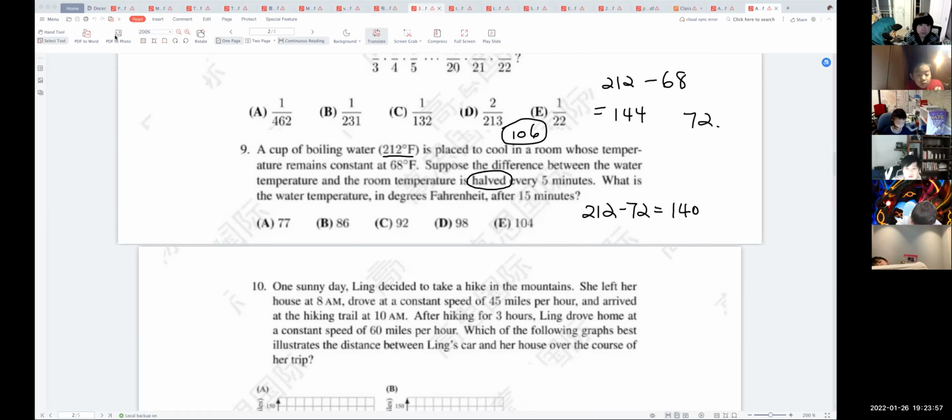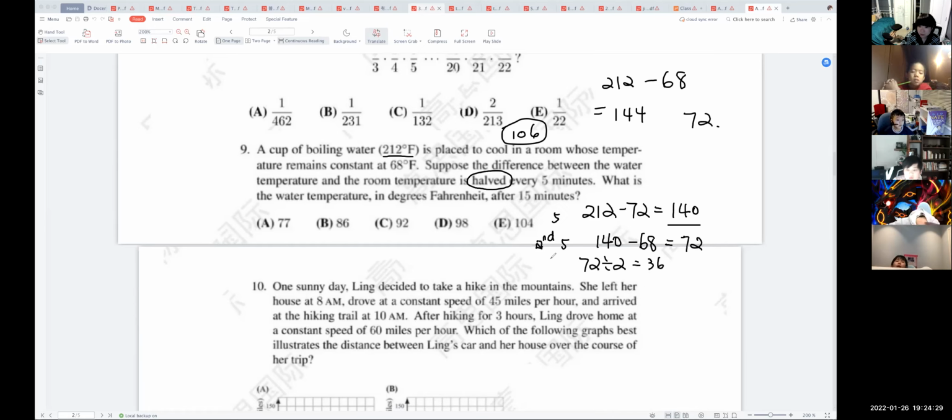So I have already helped you, right? So after first 5 minutes, the water temperature will be 140. So let's see for the second 5 minutes later. So the difference will be 140 minus 68 because the temperature of the room remains constant, it is not going to change. So that equals what? The difference of the water temperature and the room temperature is 72. So 72 divided by 2 equals 36.